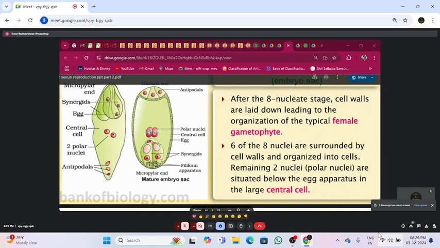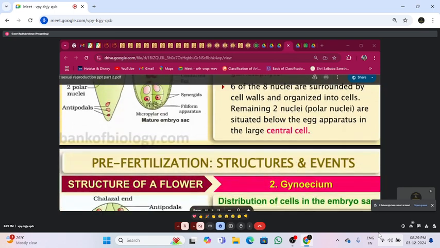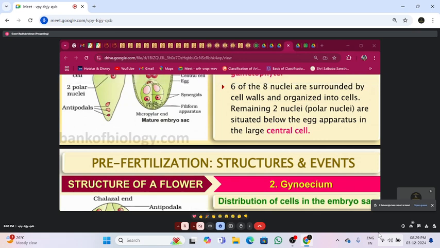Near the egg apparatus are the synergids, and the 3 on the opposite side are the antipodals. And there is a filiform apparatus, which will guide the pollen tube, or the male gametophyte, into the synergids. That is the function of the filiform apparatus.